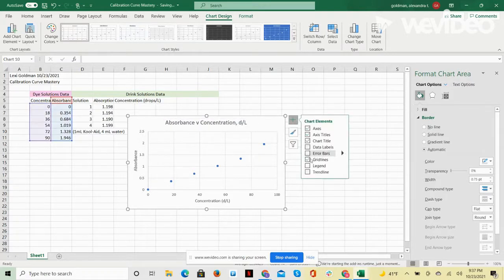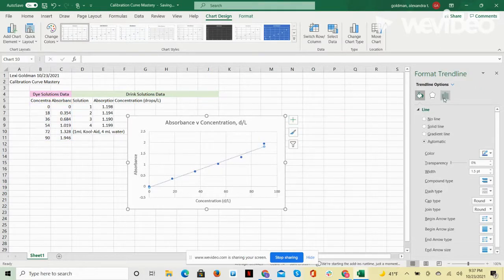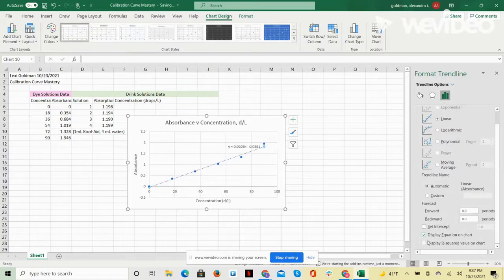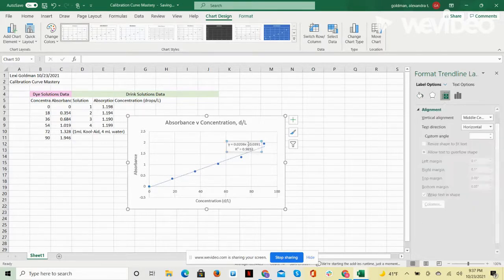Now that I've completed all of the labeling, I can add the trend line, along with the equation and the r-squared value. My r-squared value is 0.9853, which is relatively close to 1, meaning that my data is pretty precise.